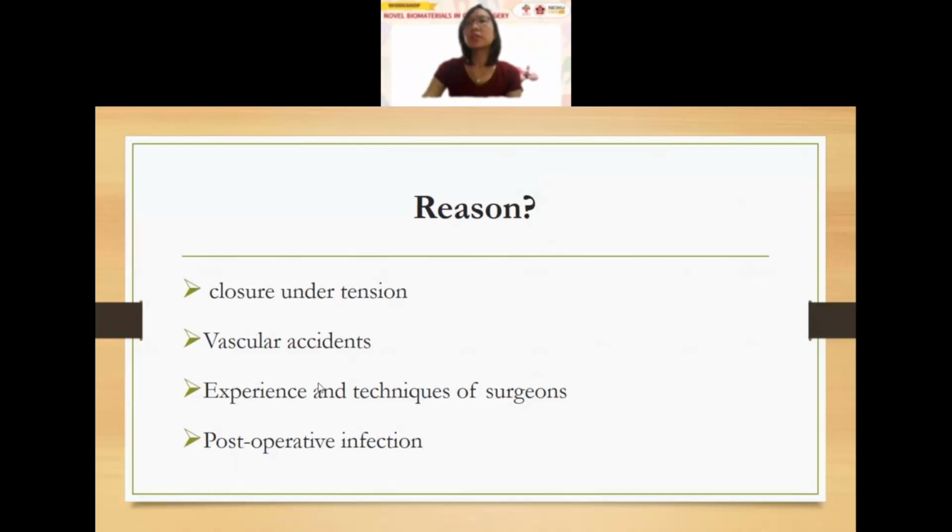Vascular accident during palatoplasty will affect blood supply, and can cause flap loss, and so may lead to developing a fistula. The experience and techniques of the surgeon are very important, and post-operative infection is also a reason for fistula.